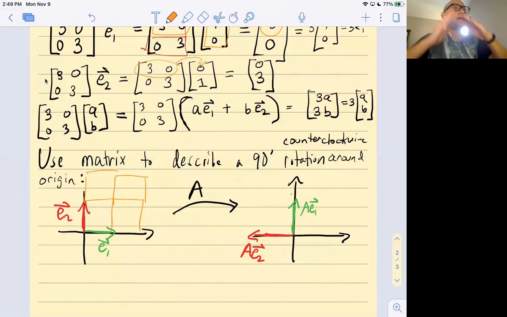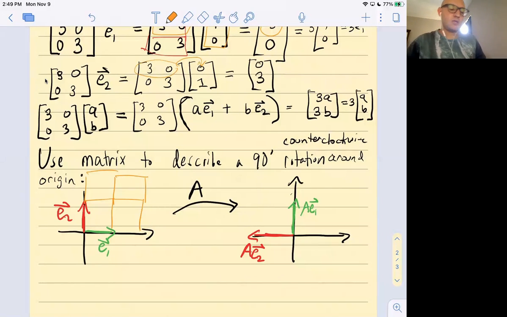A lattice is just a grid that comes from integer or whole number amounts of some initial vectors. So you can imagine, if you rotate your entire piece of paper, E1 gets moved up, E2 gets moved to the left, and the entire grid moves along with it. That's the key idea.